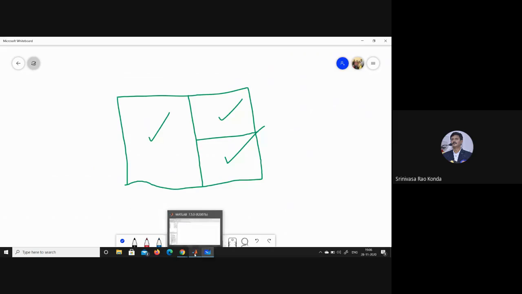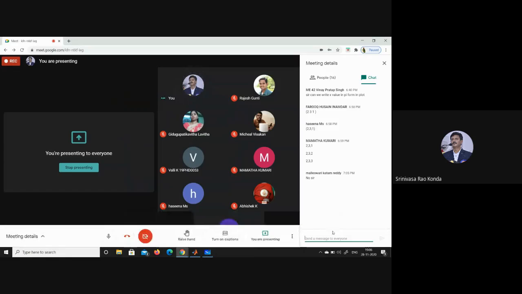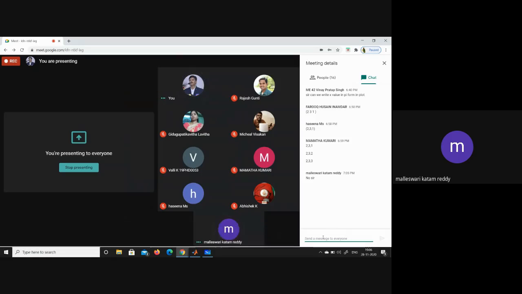Malleshwari. Where are you, Malleshwari madam? Hyderabad, you told, na? No, sir. Nandel, sir. Where are you from? Nandel, sir, Kannur district. How to do this?